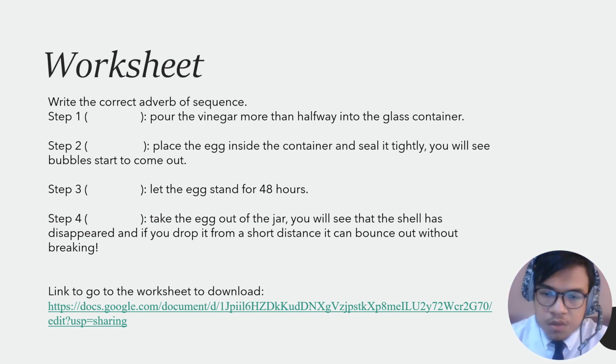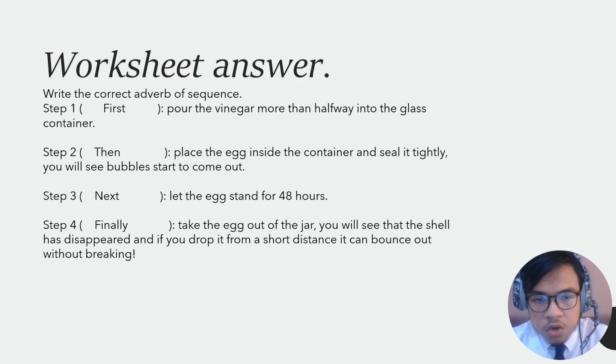Okay, if you finished the worksheet, let's see if you answered correctly. The correct answer in the worksheet is this. The worksheet is: write the correct adverb of sequence. In step 1, you must write first.